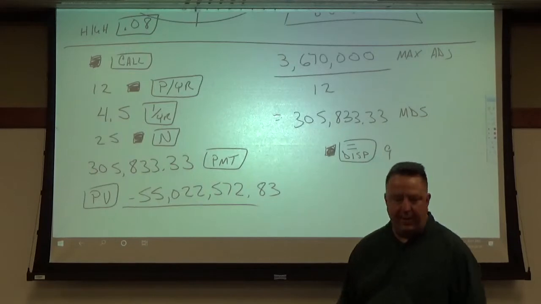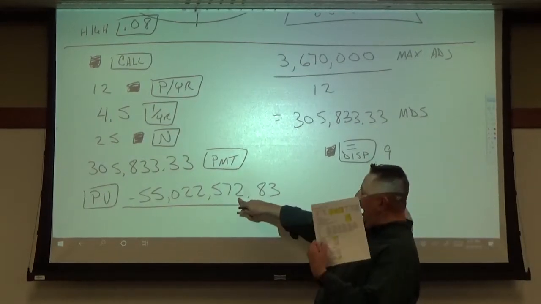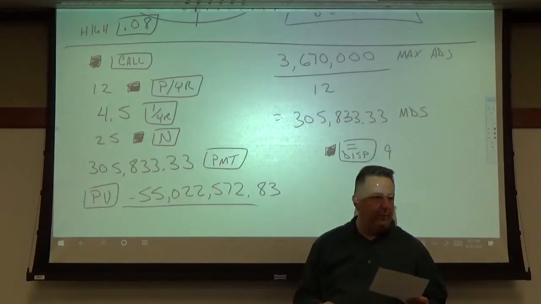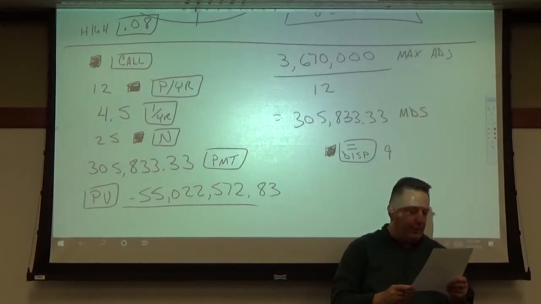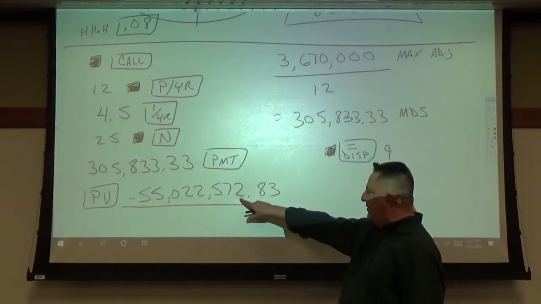All right, now, what you should see is, we go back to our handout here for a second. It's not absolutely the same as the Excel spreadsheet, and the reason it's not is because of rounding. In the Excel spreadsheet it's 573.43, here it's 572.83.